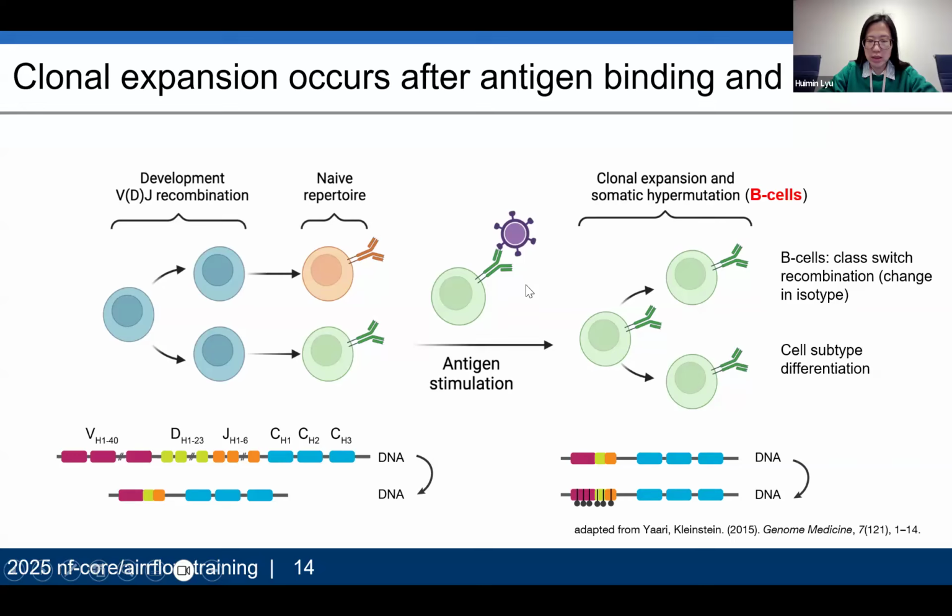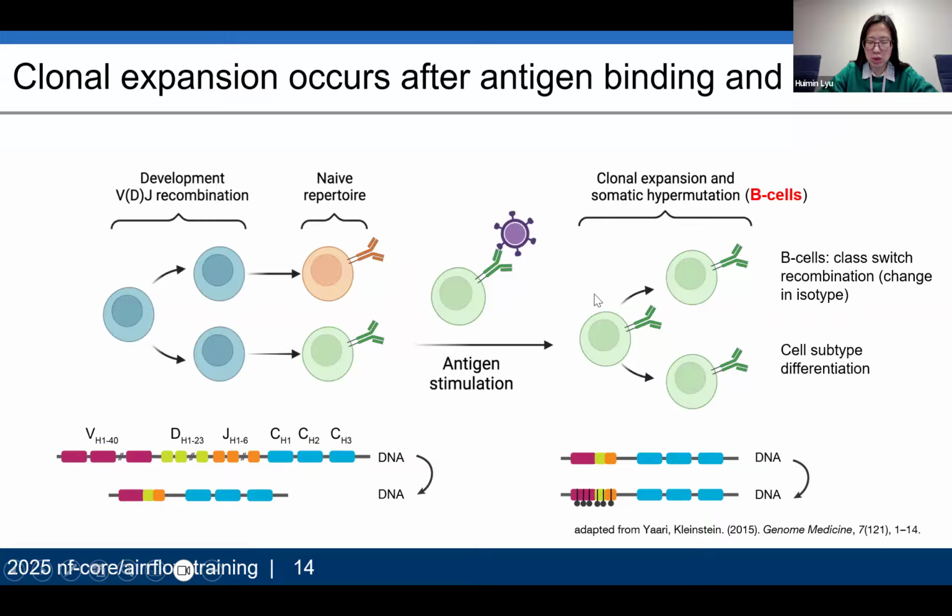Once an antigen binds with the BCR, it will start clone expansion. At the same time, there will be somatic hypermutation, which is mutation of the nucleotides to increase the affinity of these BCRs with the antigen. So we will get a lot of B cells that are specific for this antigen.